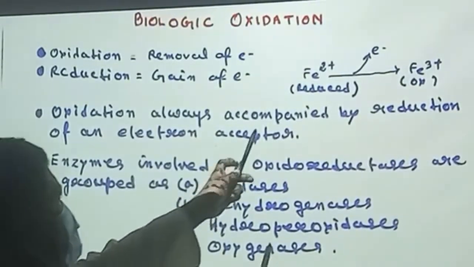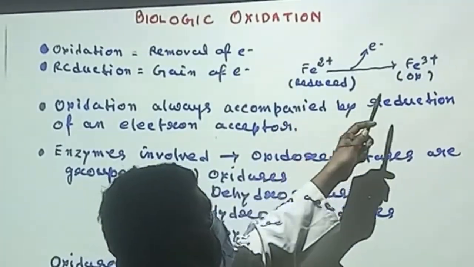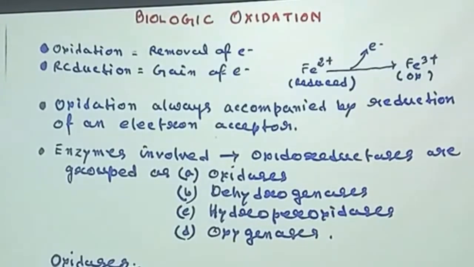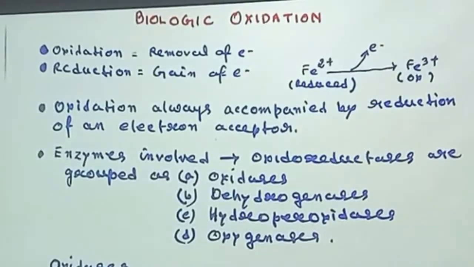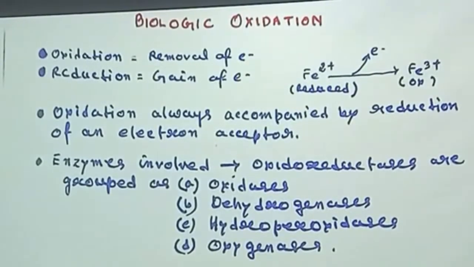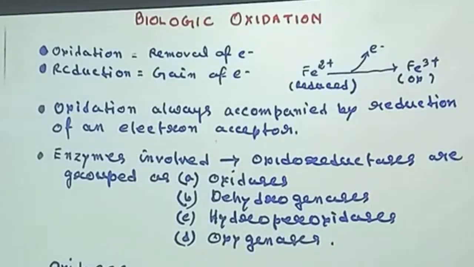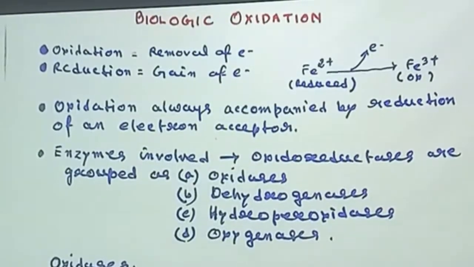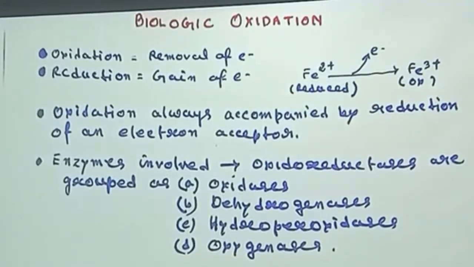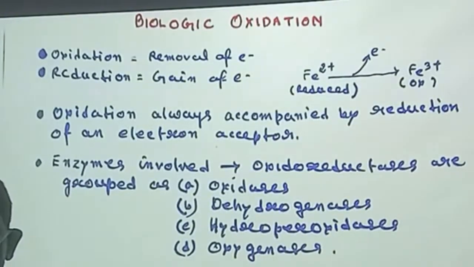So here Fe2 plus is oxidized when electron is removed, going up to Fe3 plus. So oxidation is always accompanied by reduction of an electron acceptor. This is mandatory.